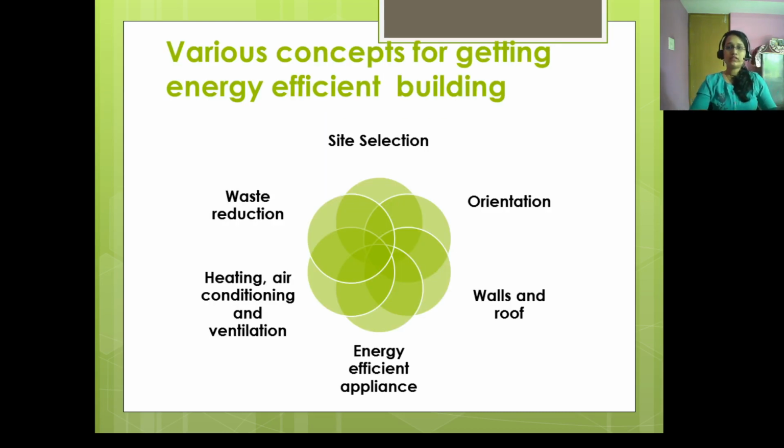Now coming to the next, the concept: what is the concept for getting energy efficient buildings? Let us look into this. First is site selection, then orientation, then walls and roofs, energy efficient appliances, waste reduction, and then heating, air conditioning and ventilation.